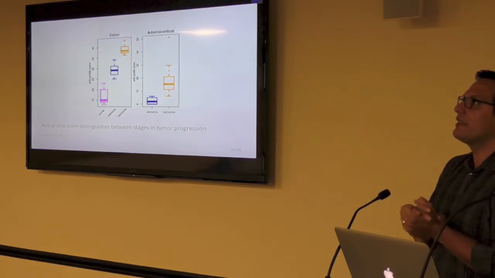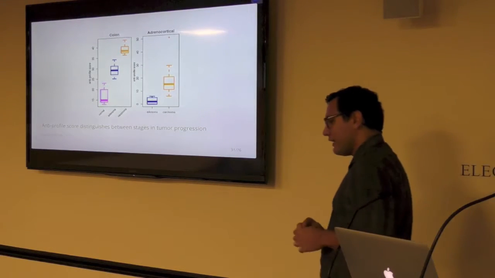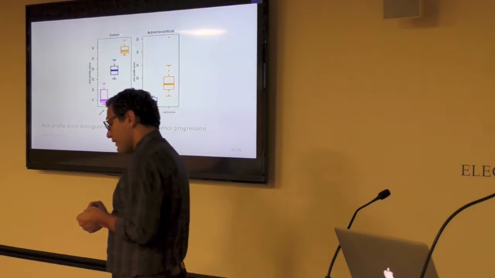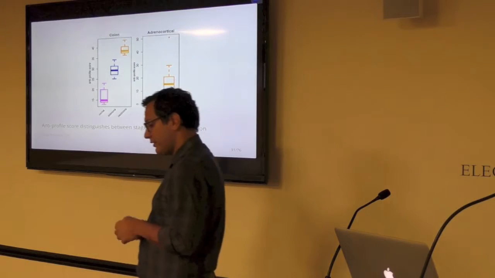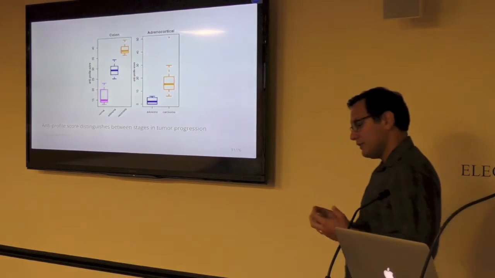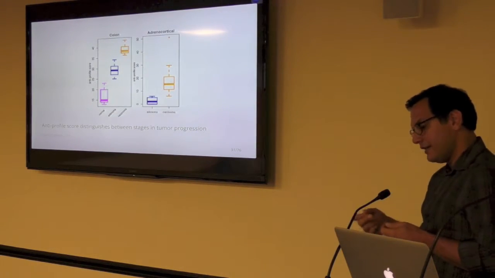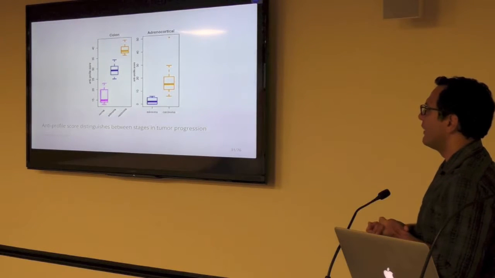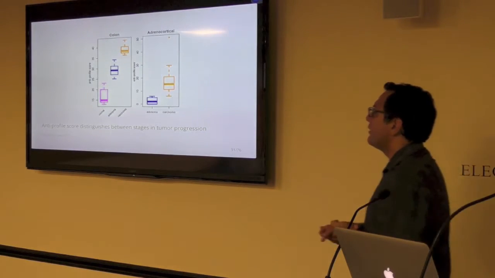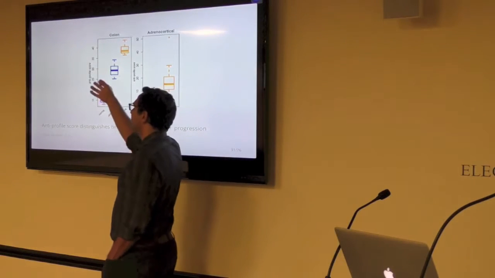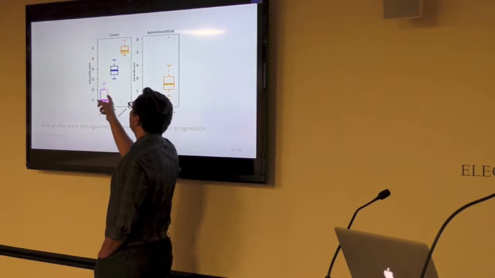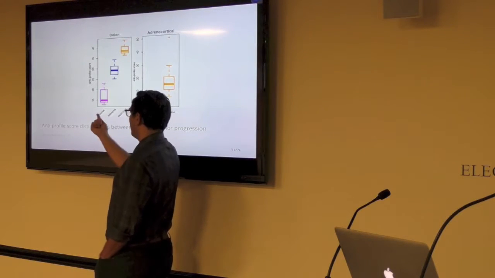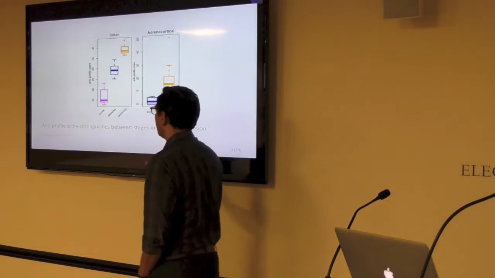Something that might be a little more useful is to try to distinguish differences as cancer progresses from a normal tissue to a benign growth to a cancerous growth. We looked at this anti-profile score, just deviation from normality in expression, and see very clear differences between normal, adenoma, which is a benign colon tissue, and carcinoma, which is full-blown cancer.